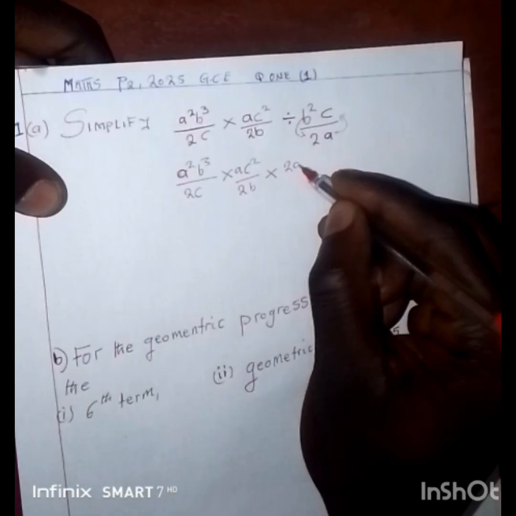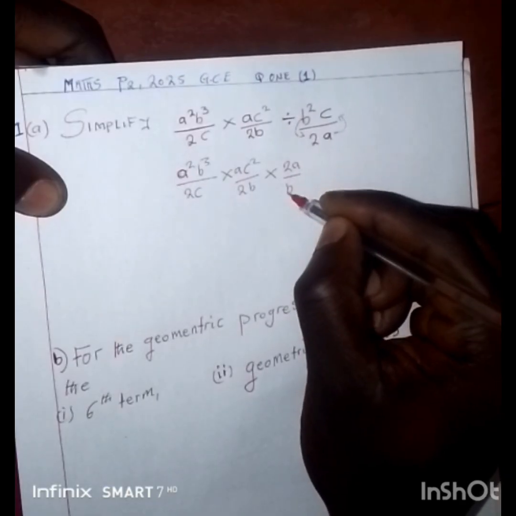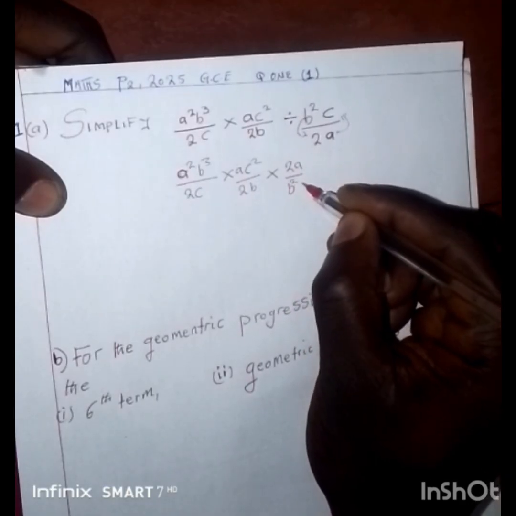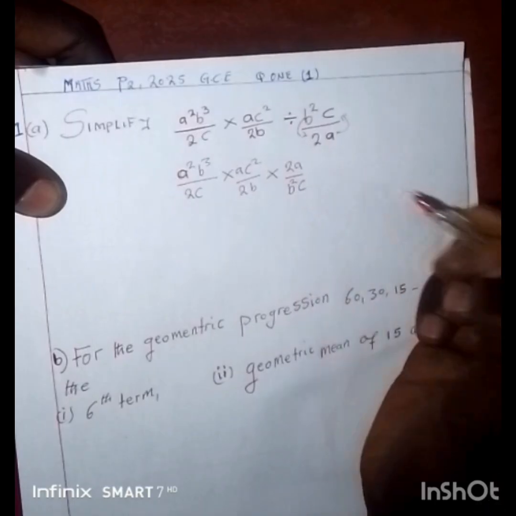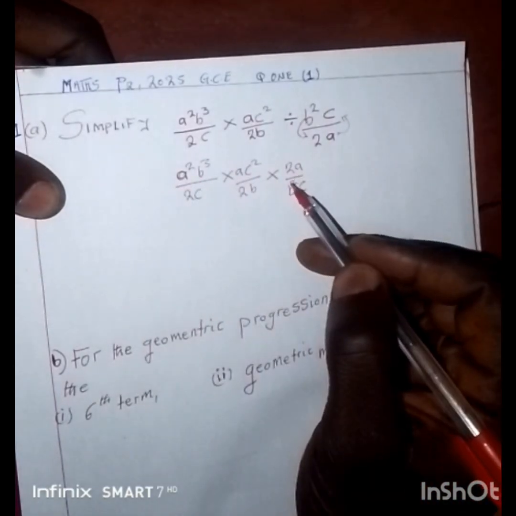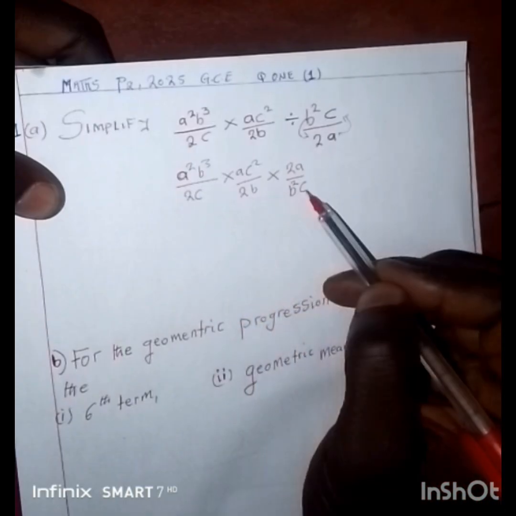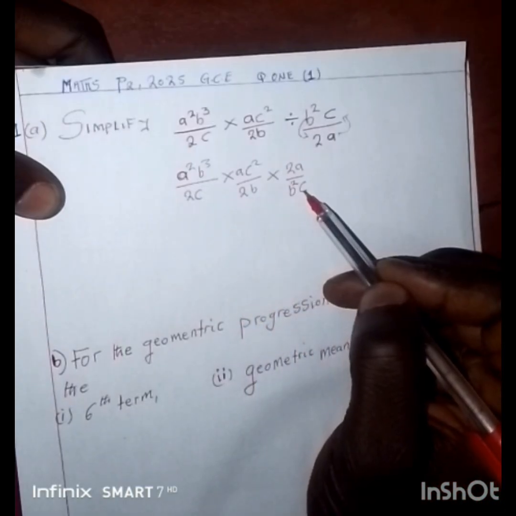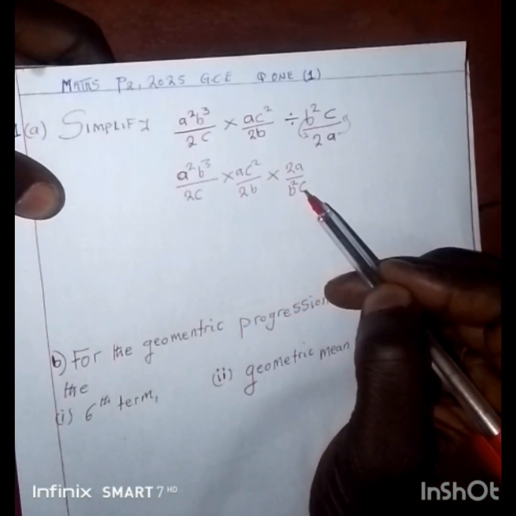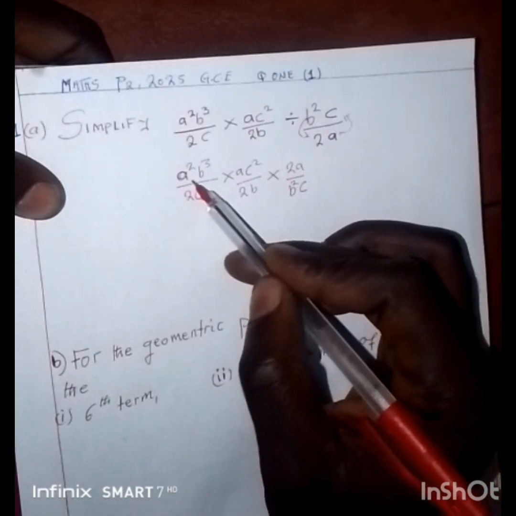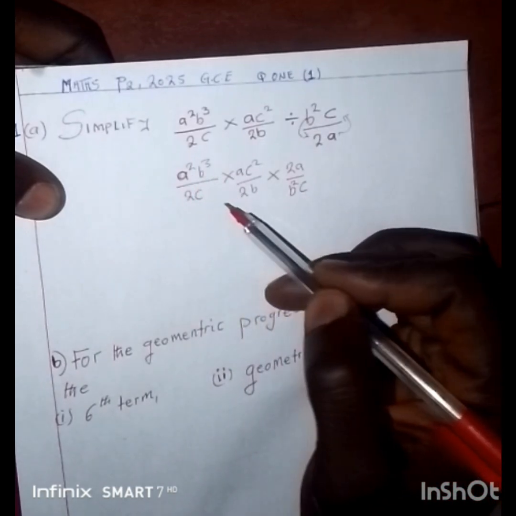So we're going to have 2a on top over b squared c. Alright, when it is like this, you can multiply everything on top, then multiply everything at the bottom, then divide. But to avoid inconvenience, you can just cancel here.